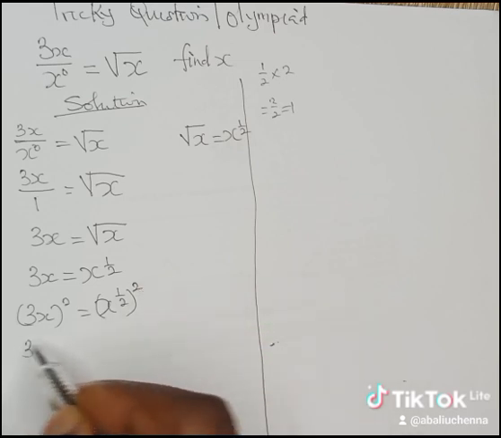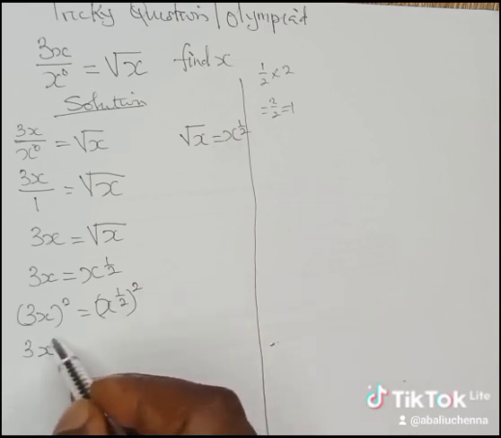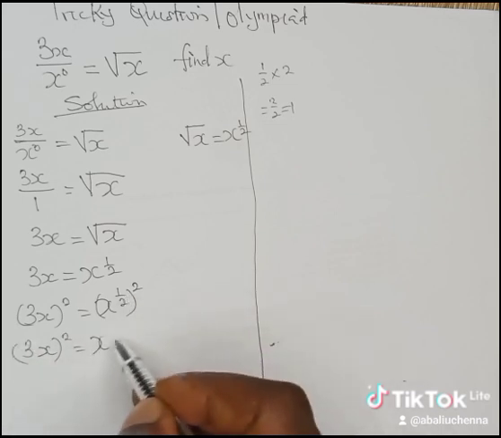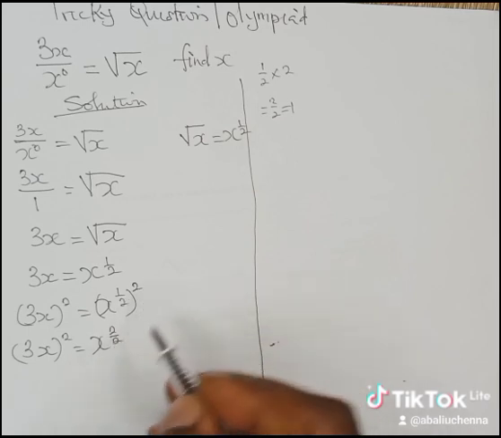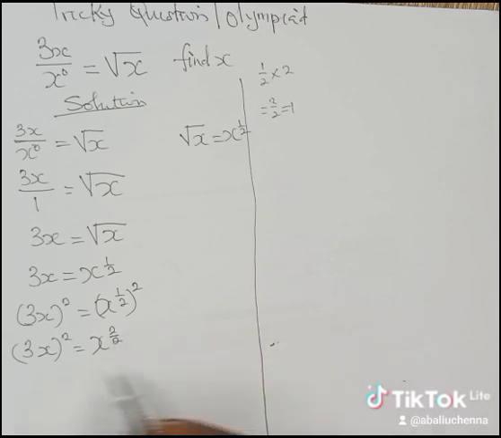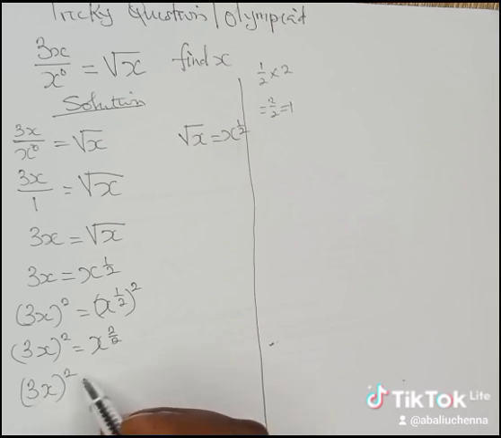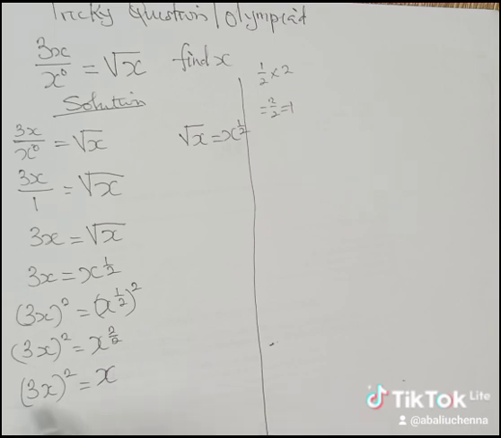That means I'll have 3x all to the power of 2 equals x to the power of 2 all over 2. But by the time I multiply half by 2, it's going to be 2 all over 2, which is 1. All right, so 3x all to the power of 2 will be equal to x. Will be equal to what? x. All right.